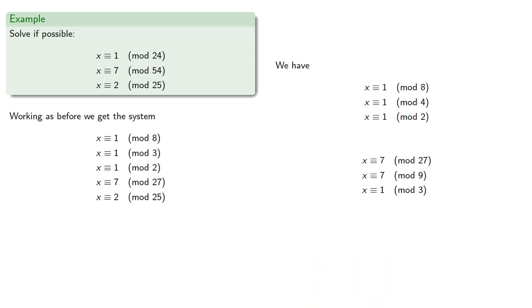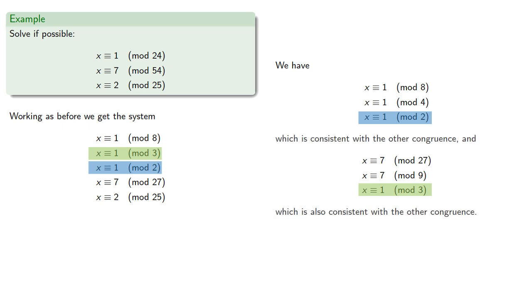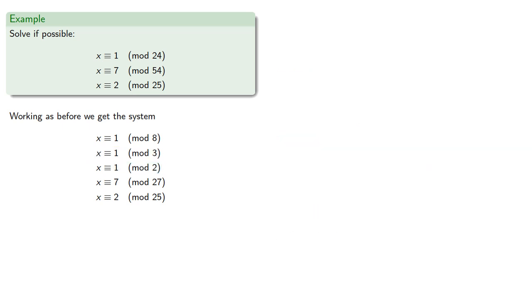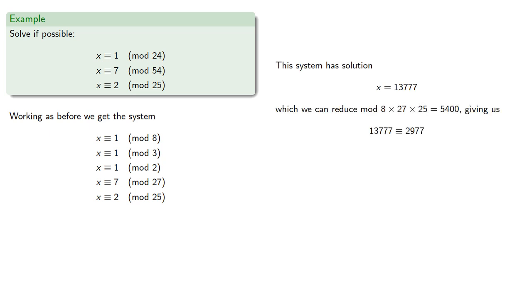But this time our congruences are consistent, and so this system is solvable. And in fact, we find the solution, which we can reduce mod the product of the moduli, which gives us, as our least positive solution, and going back to the original problem, we find, and so we have a solution.